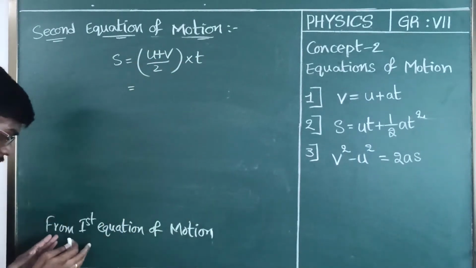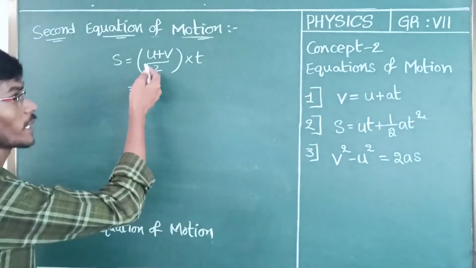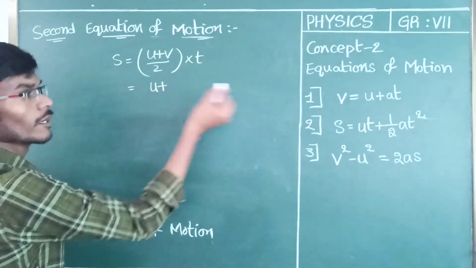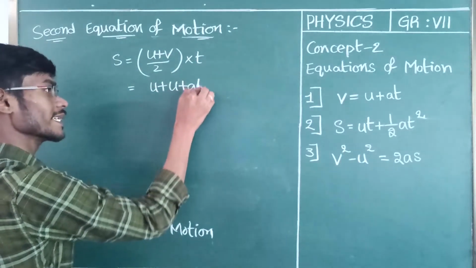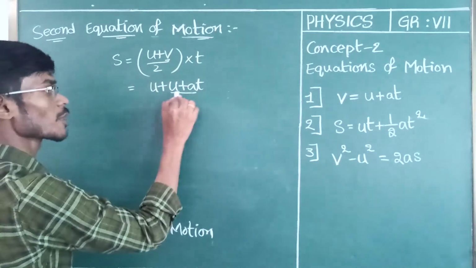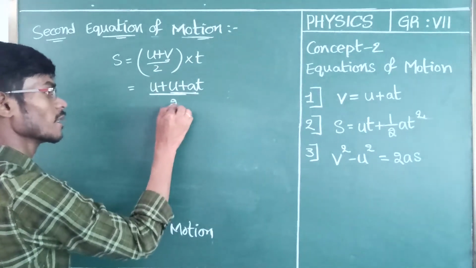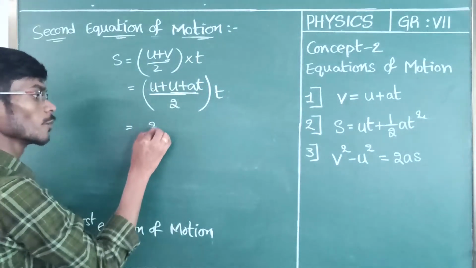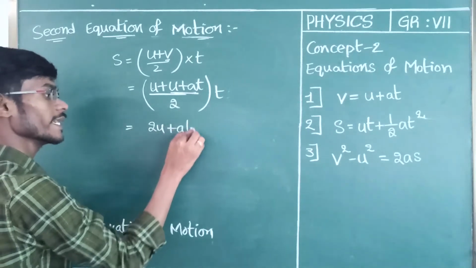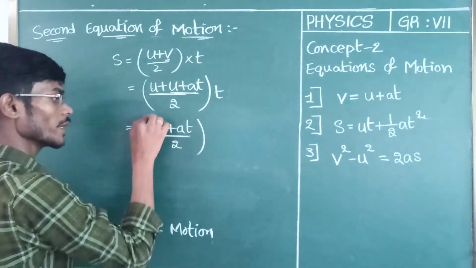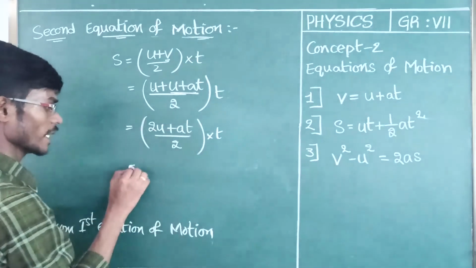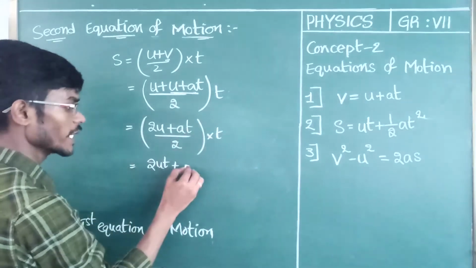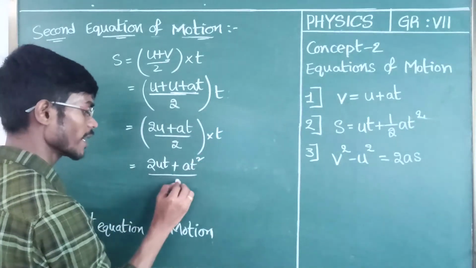Now, from the first equation of motion, we substitute the v value. What can be written? u plus at, because in the place of v I have substituted u plus at, divided by 2, into t. Then u plus u, 2u plus at, divided by 2, into t. So here 2u into t, 2ut, plus at into t, at square, whole divided by 2.